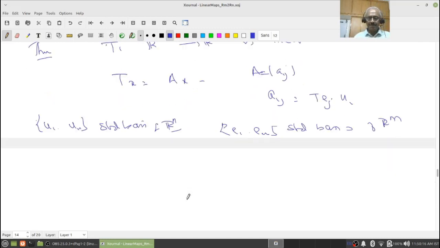Do you see that we have now found all linear maps from Rm to Rn.